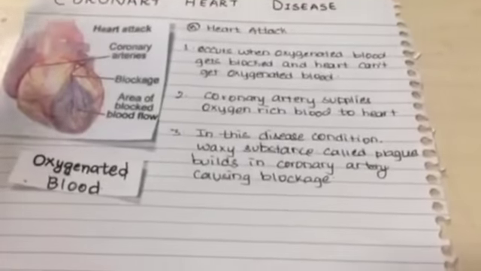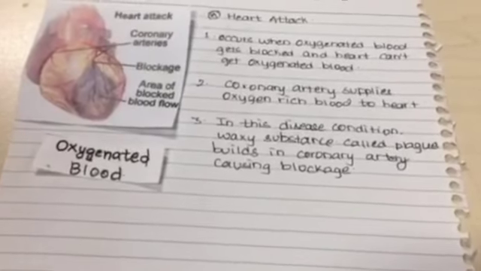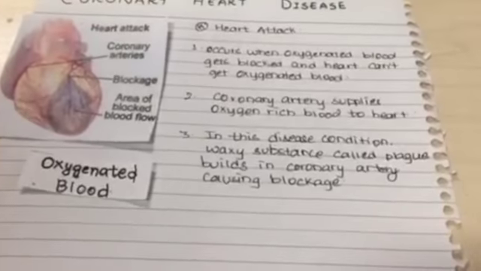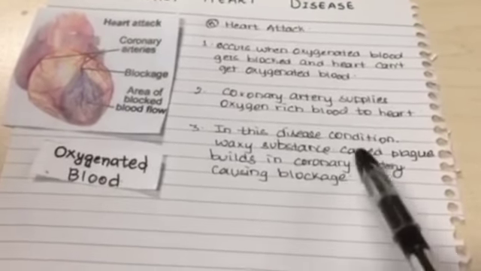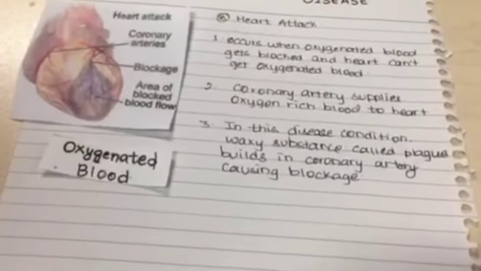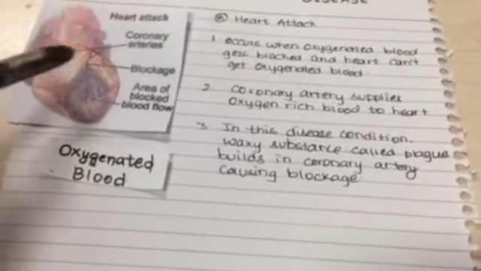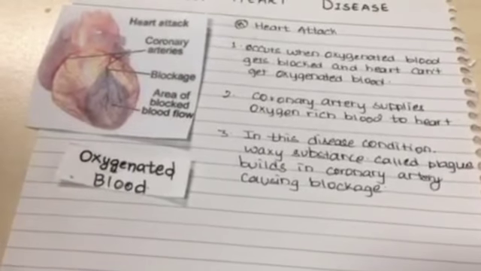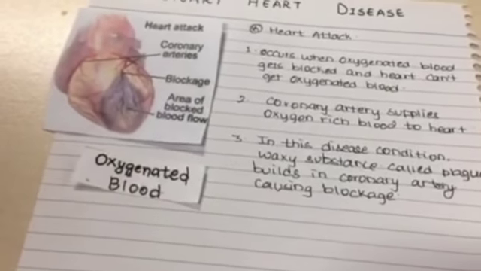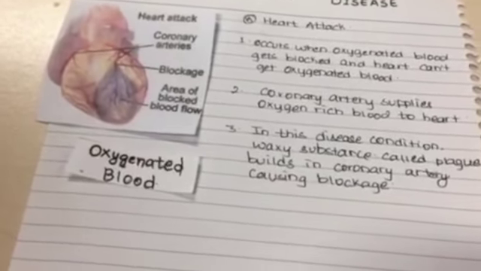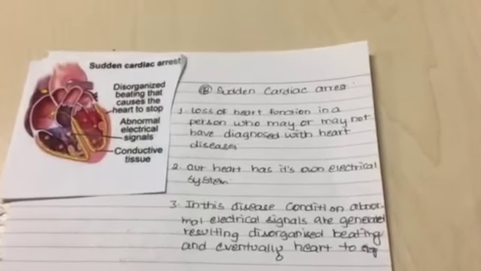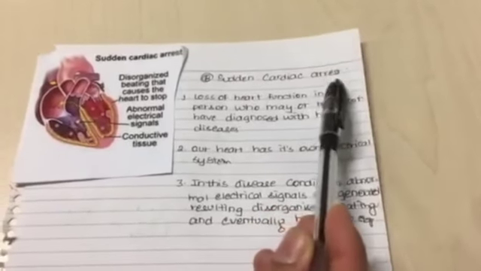The heart receives oxygen-rich blood through coronary arteries, and in this disease condition, a waxy substance gets deposited, that's called plaque, in a coronary artery, which causes blockage, and that is the area of blocked blood flow, so the heart muscles can't get oxygen-rich blood, and that causes the heart attack.